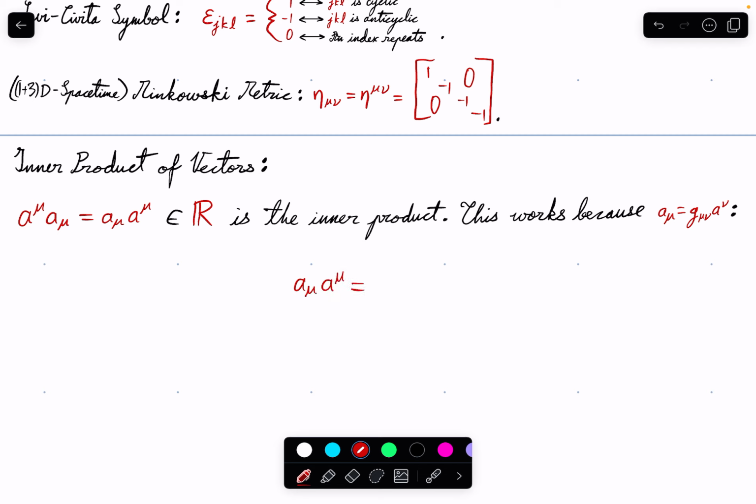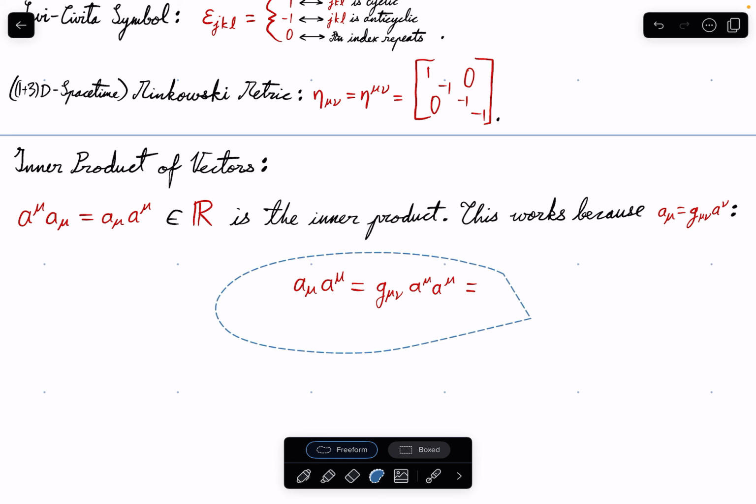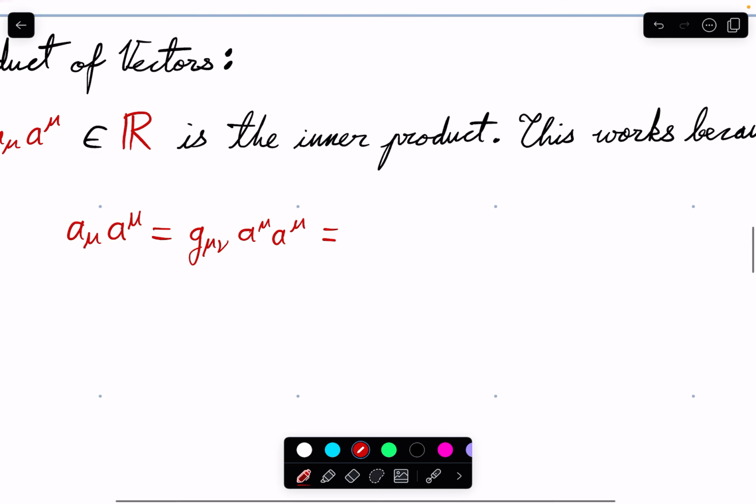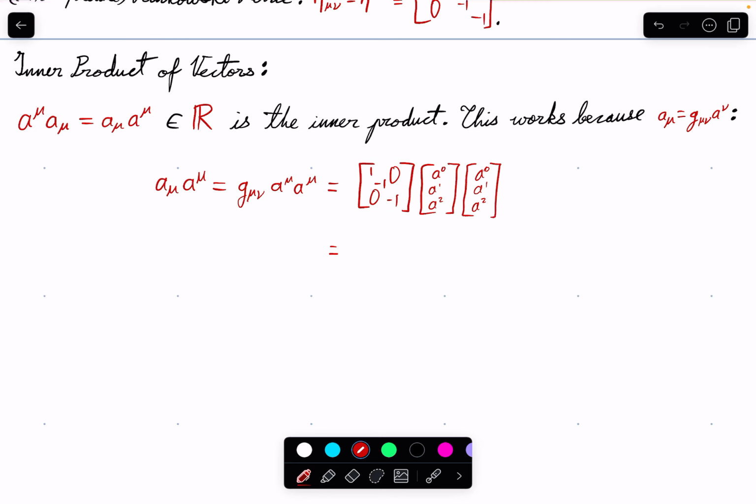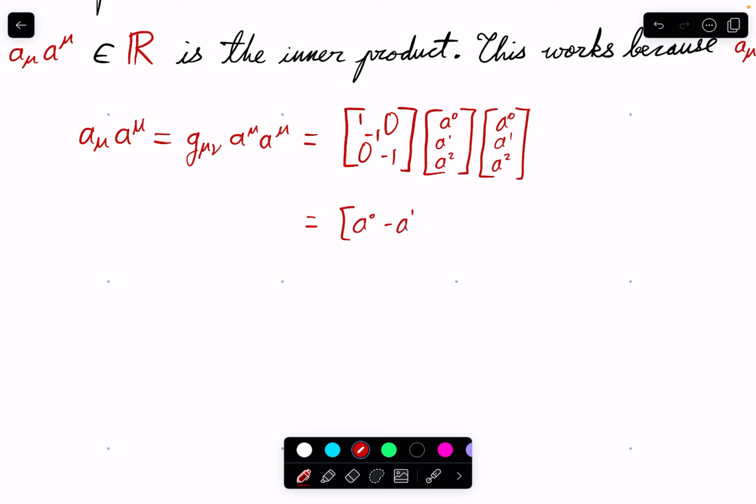A mu is equal to g mu nu A nu, which is equal to the matrix diag(1, -1, -1) times a0, a1, a2. So we have a row vector (a0, a1, a2) times the metric times the column vector (a0, a1, a2), which is equal to a0 squared minus a1 squared minus a2 squared.